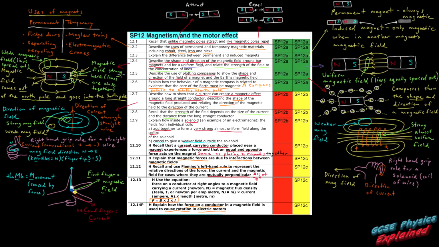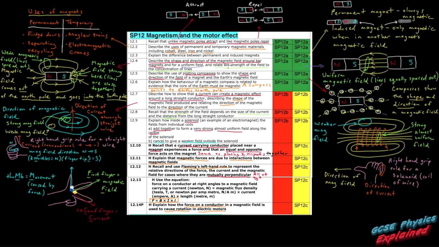So the magnetic field is strong here because the lines are close together, exactly the same here. And the magnetic field is weak on the outer edges over there and over here, further from the magnet. And that's because the further away from the magnet you get, the weaker the magnetic field is. We represent the strength of the magnetic field by the lines. And the magnetic fields come out of the North Pole and go into the South Pole.